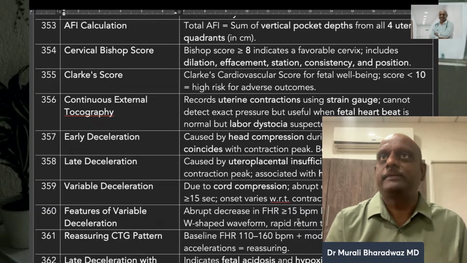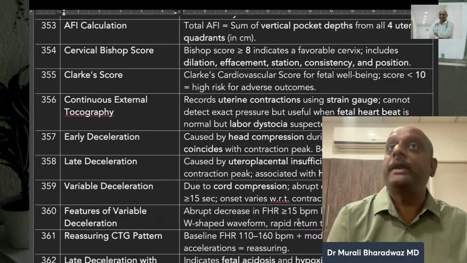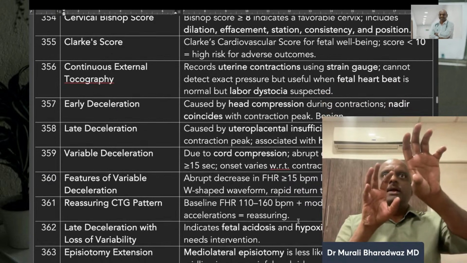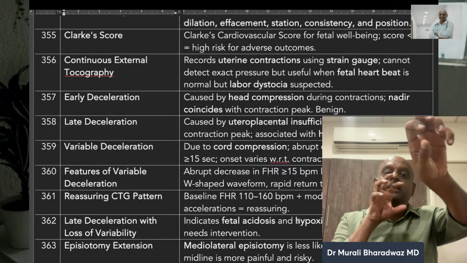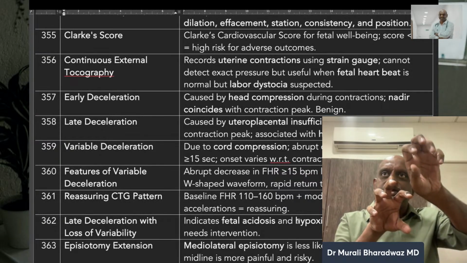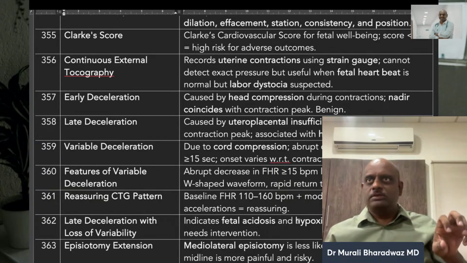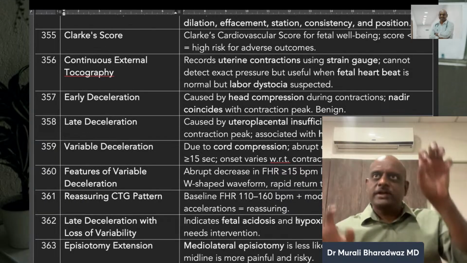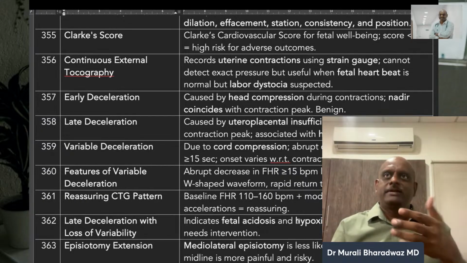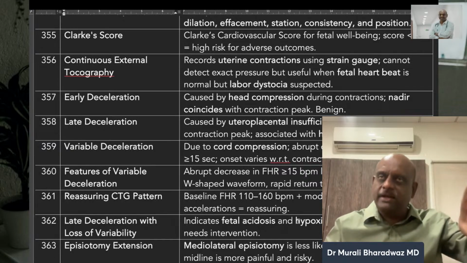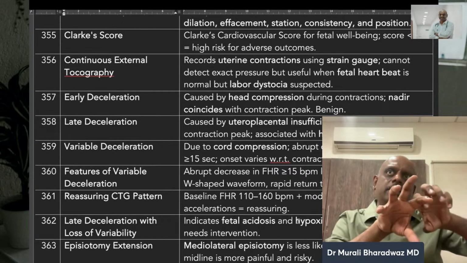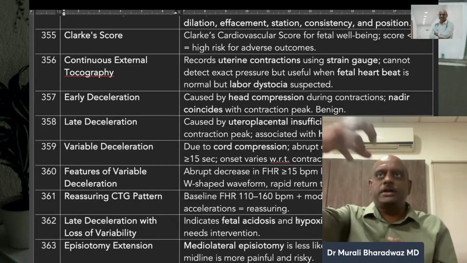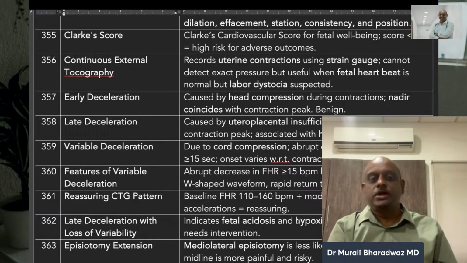Cardiotocography. In cardiotocography, you will look at the deceleration of the fetal heart rate happening in sync with uterine contraction, or sometimes before, sometimes in sync. That's called variable. So accordingly, early deceleration, late deceleration, and variable deceleration, all in relation to the uterine contraction and the fetal heart rate pattern.